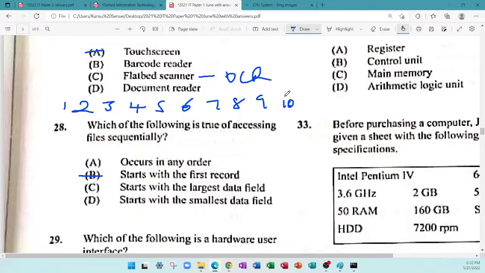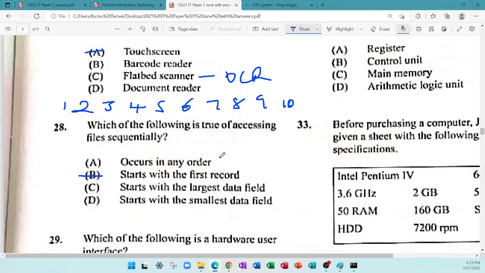That's what's meant by sequential. To get 6, you go through 1, 2, 3, 4, 5, and then reach 6. So you start with the first record. You don't start with the largest or the smallest, and it does not occur in any order.